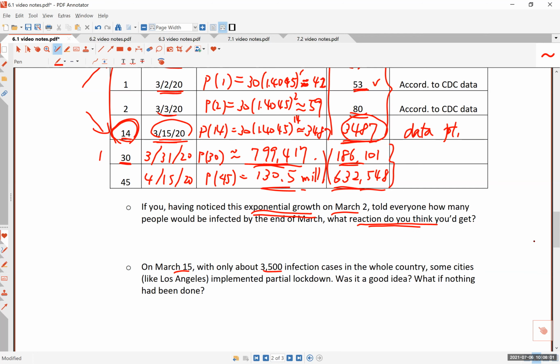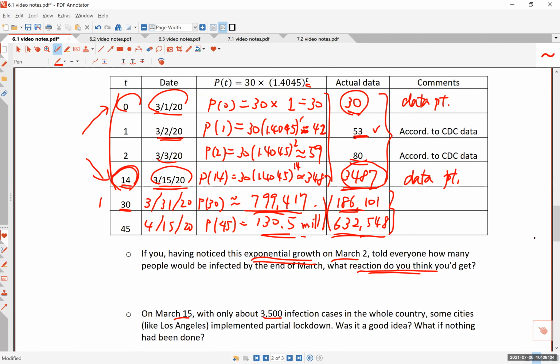But you, let's say, a scientist or a biologist or a doctor, whatever you may be, noticed this exponential growth, and you came up with this equation. You noticed that numbers went from 30 to 3,400 or 3,500 in 2 weeks.